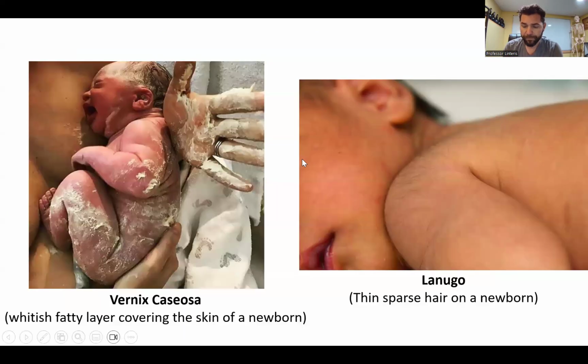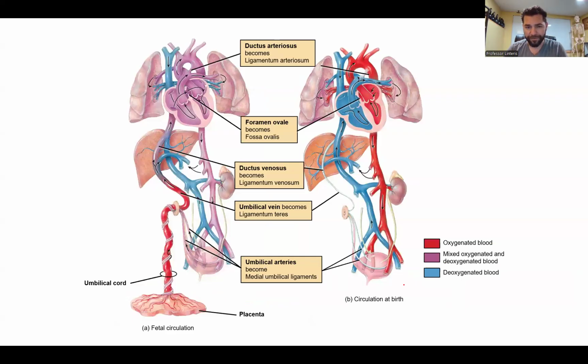Cool. This was the vernix, upon labor, and this is the lanugo. Ever seen it? You know exactly what it is. Each of these serve their purpose as far as insulating the baby, etc.